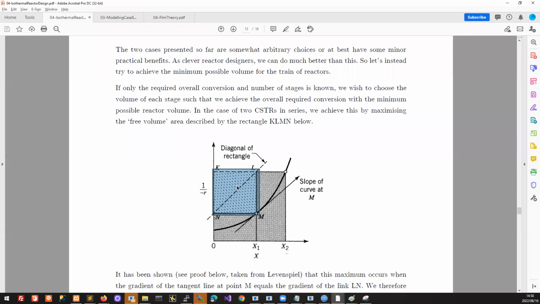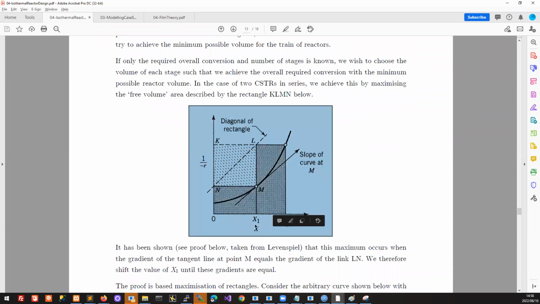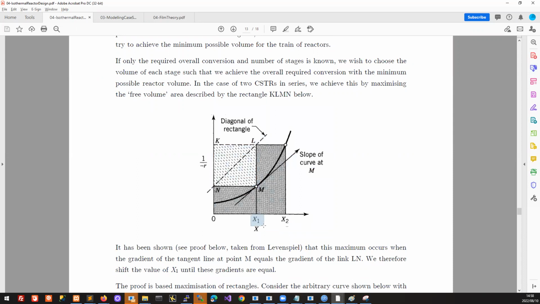So we can switch this around and say, let's try and minimize the wasted volume. At the moment I'm restricting myself to only two reactors. Given I have two reactors, but I can make any volume I want, how do I best choose these two reactors? What's my optimal intermediate conversion?